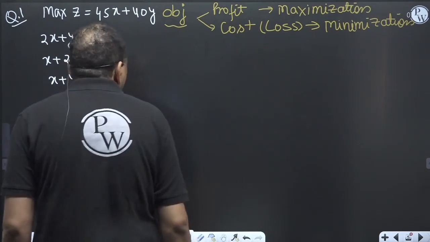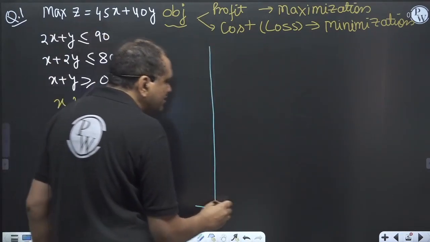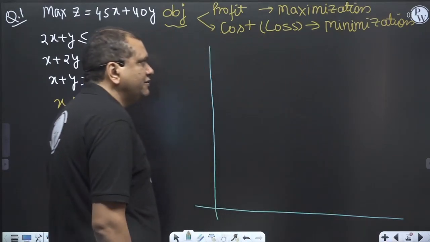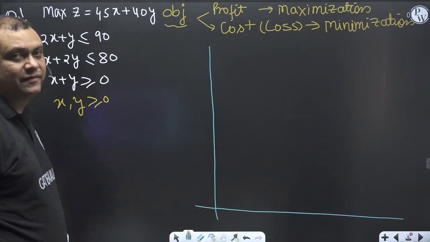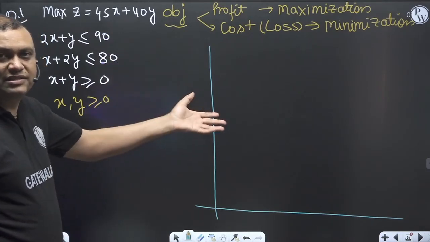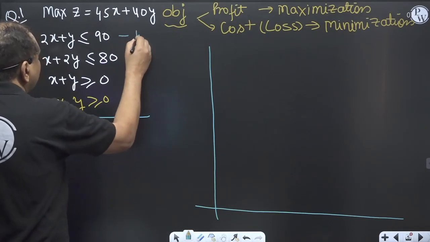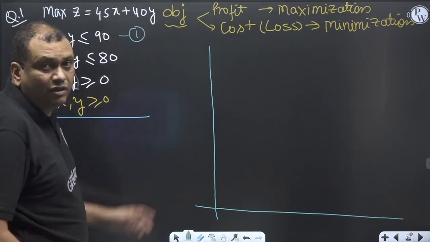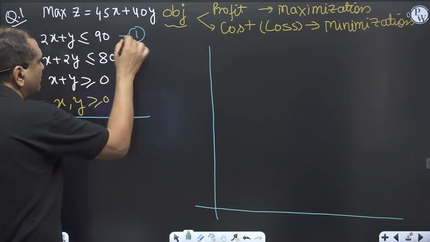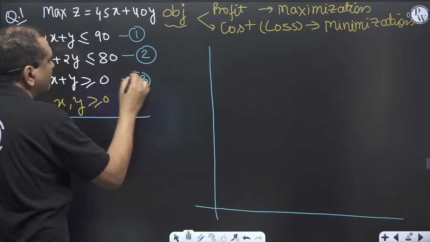Okay. So now, because my solution lies in the first quadrant, let us draw these lines. This is your first constraint, second constraint, and the third constraint.